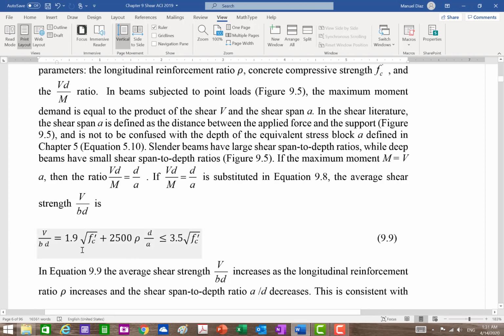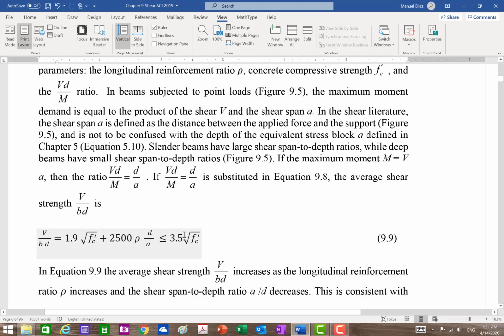And notice that way back, a long time ago, we knew that the shear depends on your concrete strength, right? It depends on the amount of longitudinal steel that you have, and it depends on this ratio, which really is a over d, called the shear span to depth ratio.